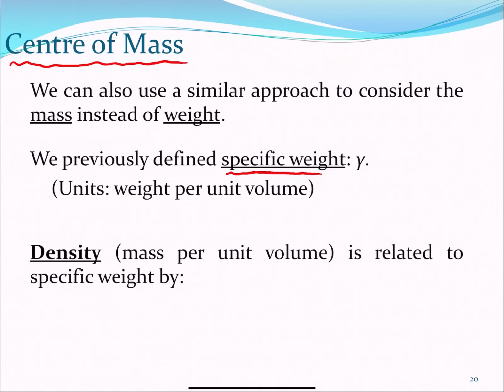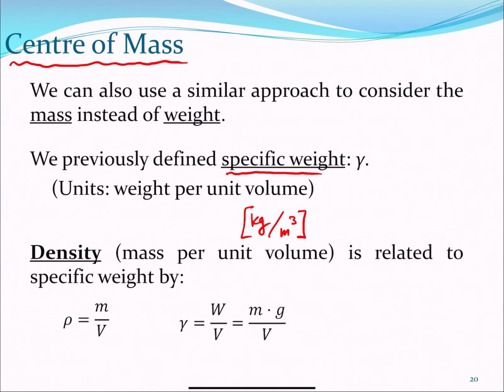Density is mass per unit volume, so the units are kilograms per cubic meter. Density is, according to the definition, just mass over volume. And if you remember that specific weight was weight over volume, and weight is mass times gravity, we can define specific weight as density times gravity.